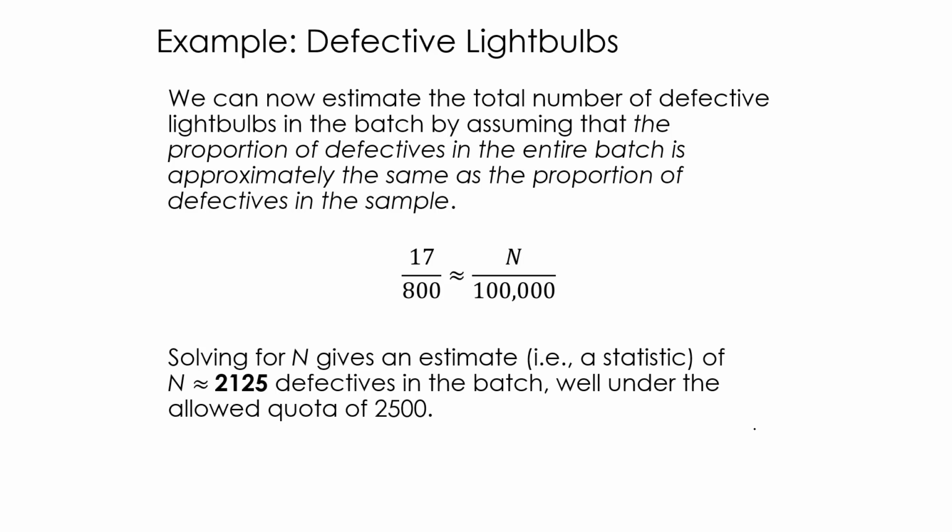Solving for n gives an estimate, i.e. a statistic, of n is approximately 2125 defectives in the batch, well under the allowed quota of 2,500. So this 2125 is a statistic because it came from a sample. And this is our best guess as to what the population size is.